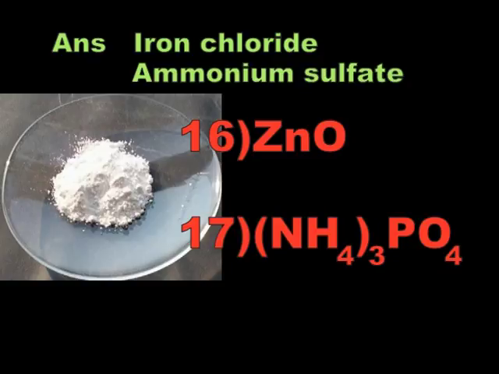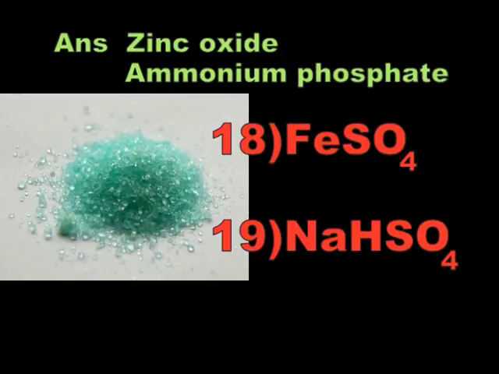The first is bugle protector and the second is a fertilizer. These are two acidic salts. The first was called green vitriol.